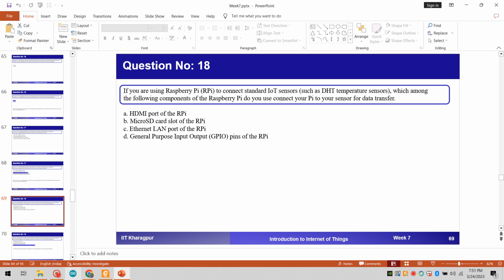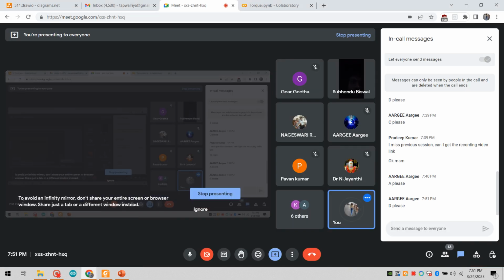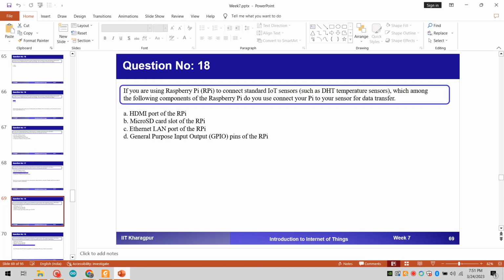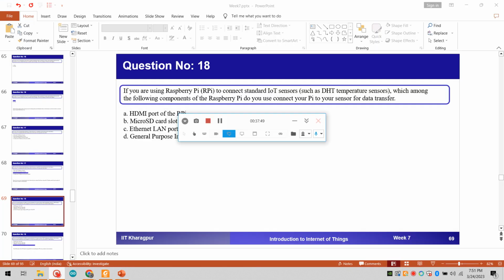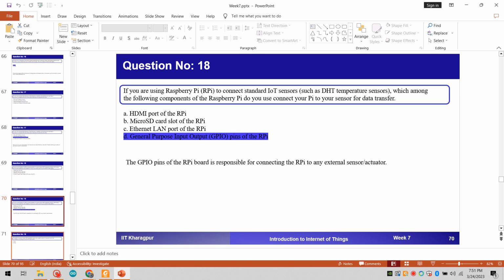Anyone? GPIO. Okay. Others? D, GPIO. Anyone else? So the correct option for this is GPIO.